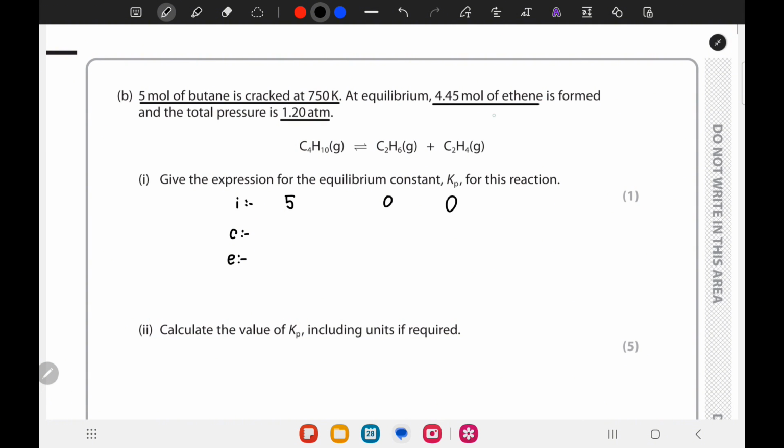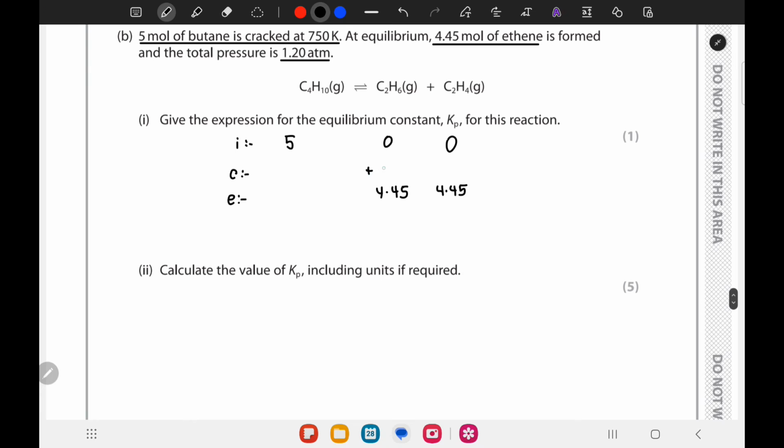Now we know that at equilibrium, 4.45 moles of ethene is produced. So we also have 4.45 moles of ethane. So the change is 4.45 moles. And for the left, we have minus 4.45. So we are left with 0.55 moles of butane.